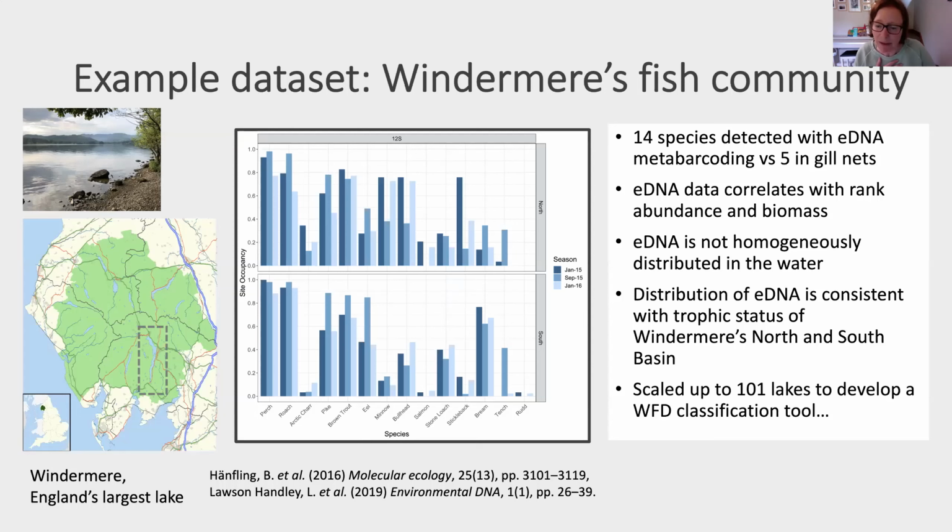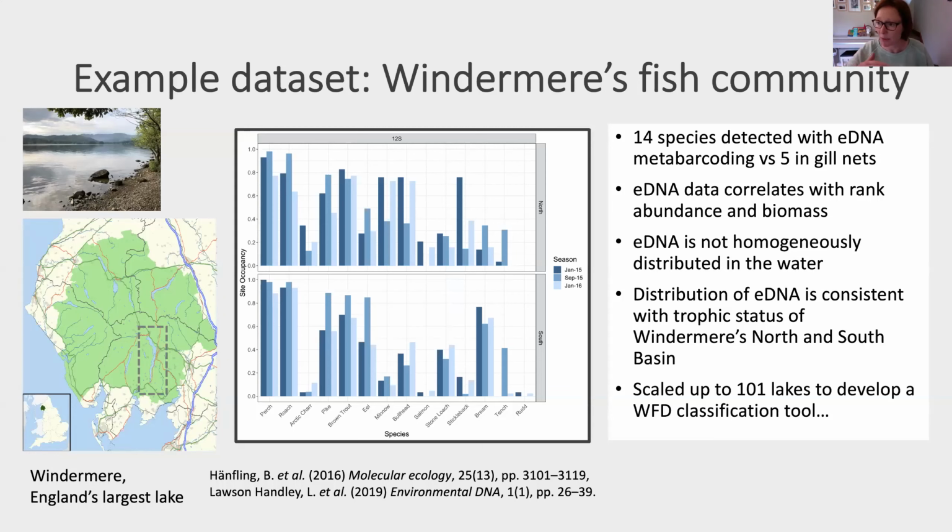And we found that we can detect 14 species of fish with eDNA compared to 5 with gill netting, that we get a good relationship between the eDNA data and the abundance data, whether it's determined from long-term rank information or biomass. That DNA is quite heterogeneously distributed in the water, which is really good because that means we can say stuff about the distribution of the actual species.